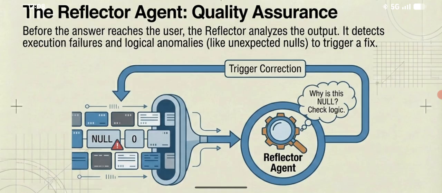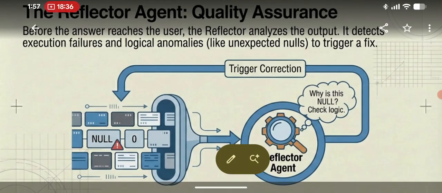Before the answer reaches the user, the reflector will check whether the output had any exception or any null error, and if there is, it will again reach out to the SQL agents with the correct metadata to correct the SQL queries, and then rerun those queries and verify the output.